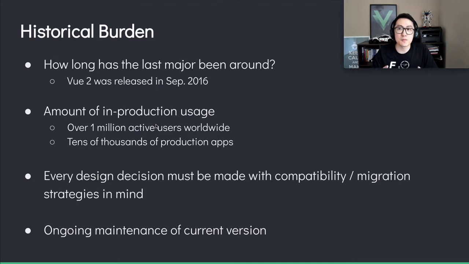But if you want everyone to be able to upgrade completely seamlessly, then you're placing so much limitation on the new design that some of the very beneficial new things you simply cannot do, right? So it's a really delicate balance that you have to manage. And every design decision must be made with compatibility and migration strategies in mind. So that's where most of the challenge is.